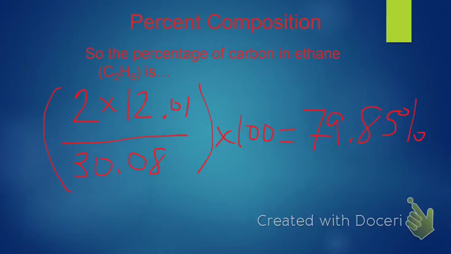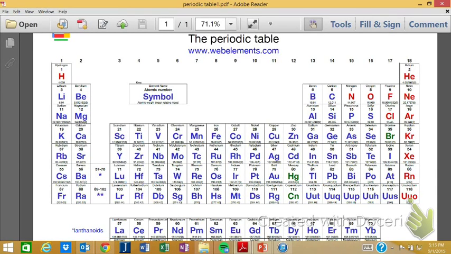Okay. So let's do another, completely different example now. Let's figure out the percent oxygen in acetic acid, which is vinegar, essentially.